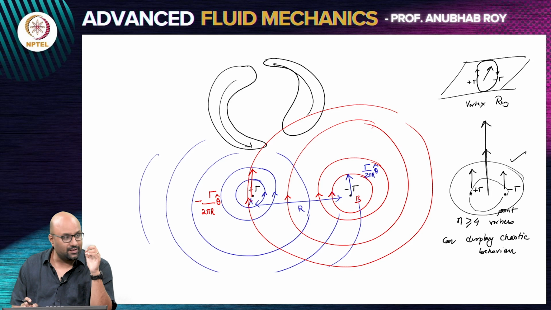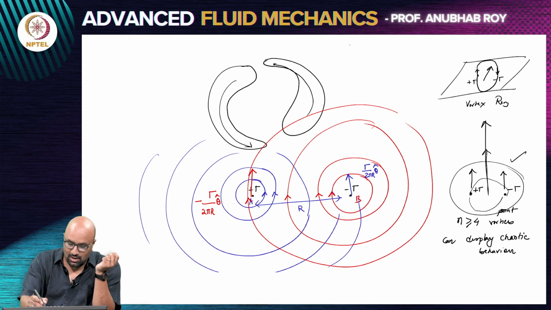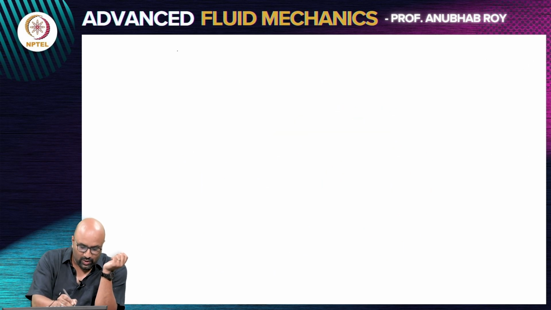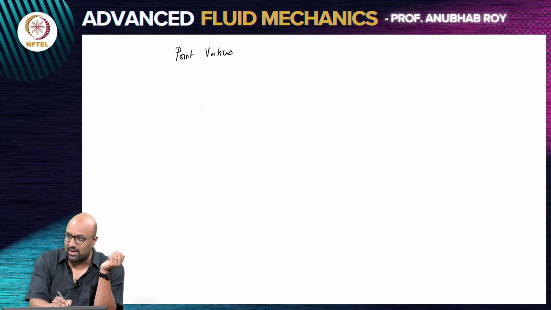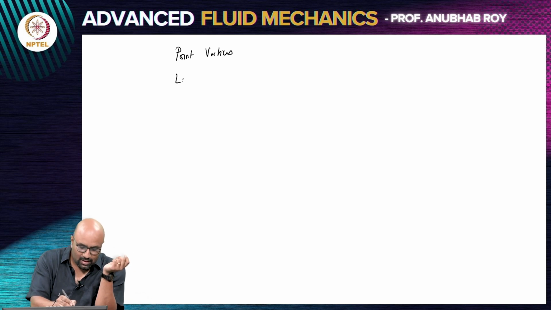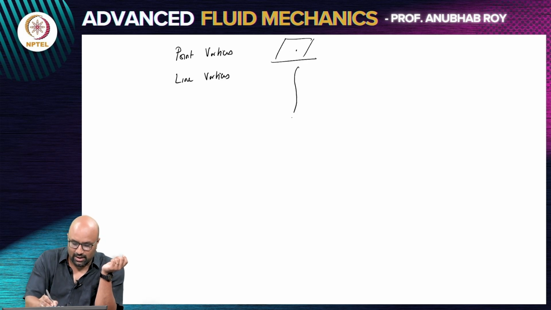We have gone through this in quite some detail, but still there is a lot that you can do with vorticity. There is a lot that you can understand from vorticity. The few entities that we went through: one was point vortices. These are basically singularities of vorticity in a two-dimensional plane. Then we encountered something known as line vortices. So, here it is a point, here it is a line.